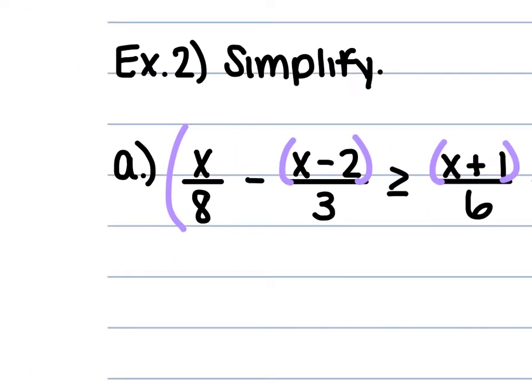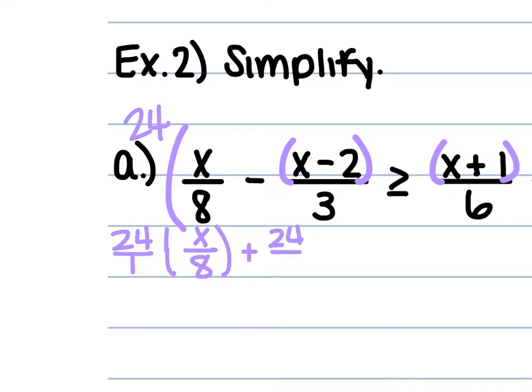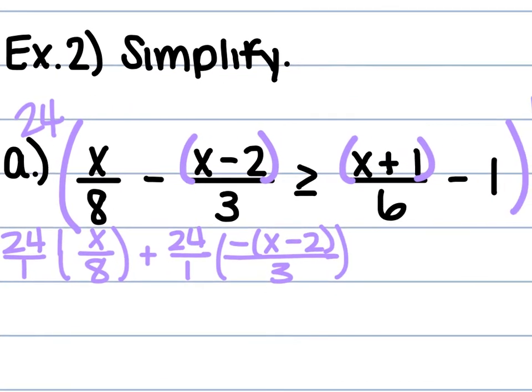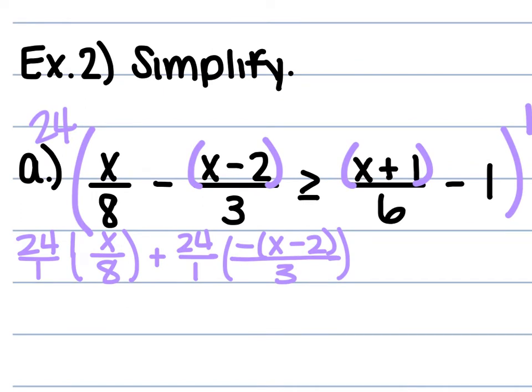So we're going to have 24 over 1 times x over 8 plus 24 over 1 times a negative x minus 2 over 3. If we want to keep that negative with the 24, we can do that as well. We're just going to take this out from here, make this a negative, and then we'll be fine.